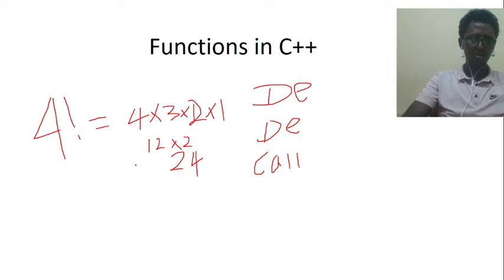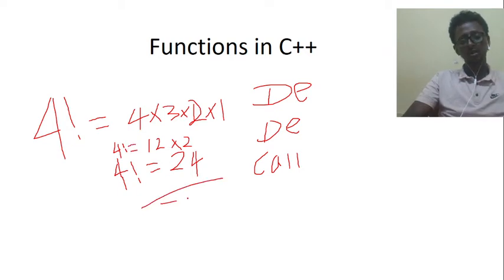So the factorial of 4 is equal to 24. How it works is we use a formula for any number n.